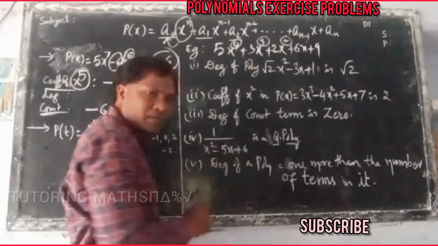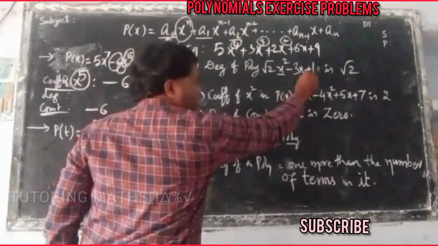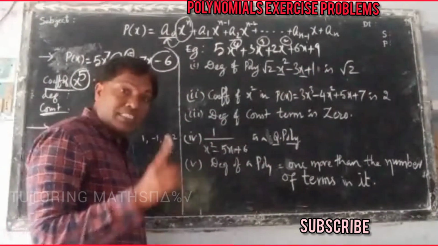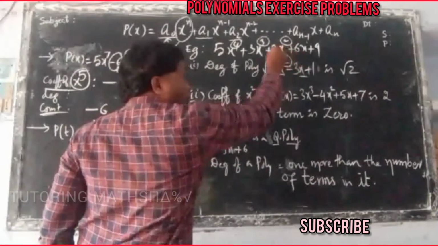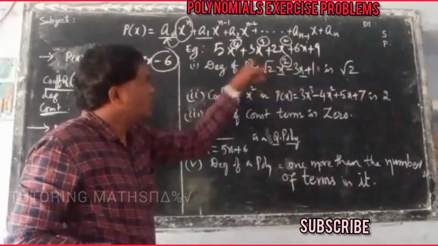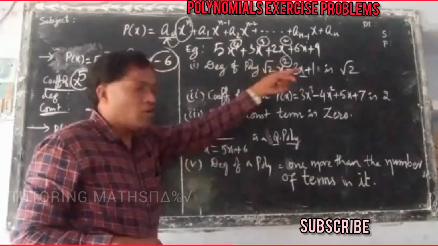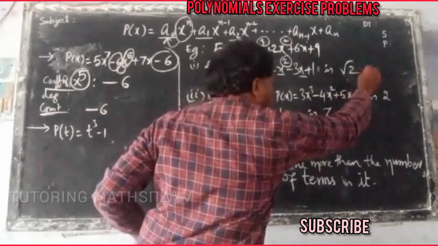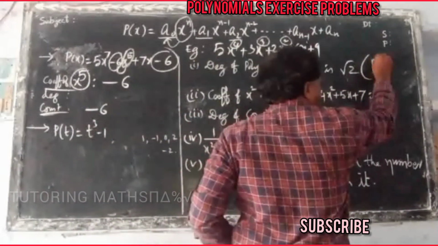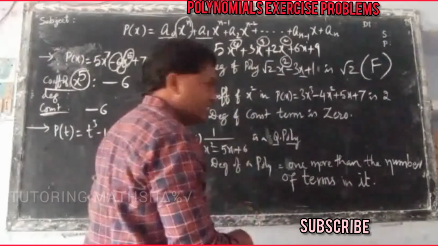Here in this polynomial, we have x square and x, and the highest exponent is 2. So the degree of this polynomial is 2, just 2, not root 2. Therefore, it is a false statement.